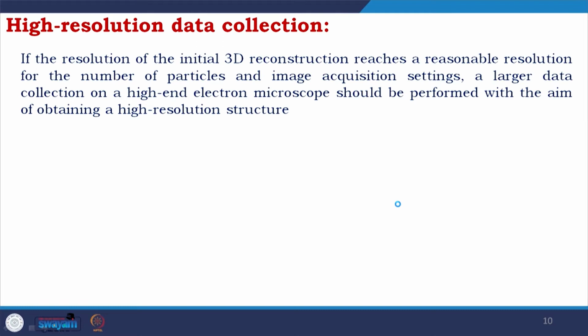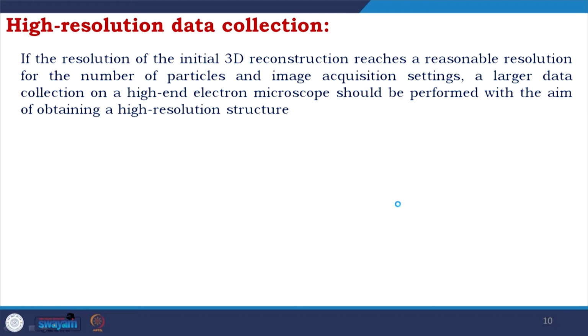If the resolution of the initial 3D reconstruction reaches a reasonable resolution for the number of particles and image acquisition settings, a larger data collection on a high end electron microscope should be performed with the aim of obtaining a high resolution structure.